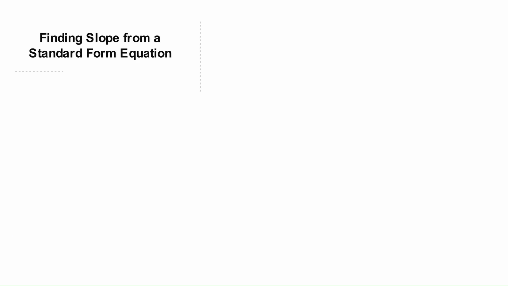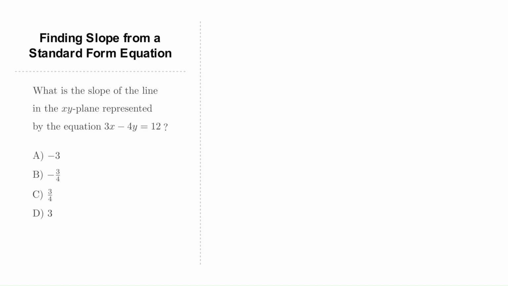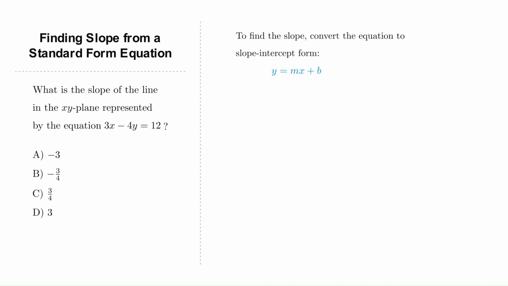In this example, we will find the slope of a line starting from its standard form equation. The problem states that a line is represented by the equation 3x minus 4y equals 12, and it asks to find the slope of this line. To find the slope, we can convert this equation into slope-intercept form, y equals mx plus b, where m is the slope and b is the y-intercept.